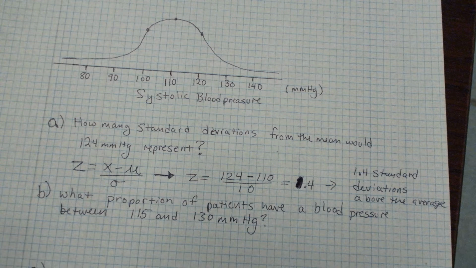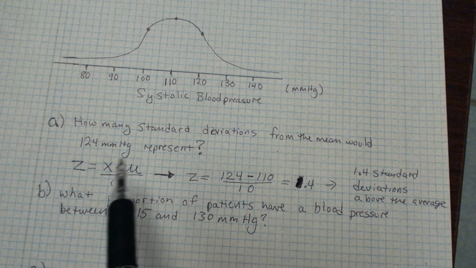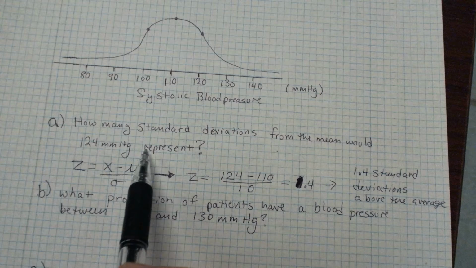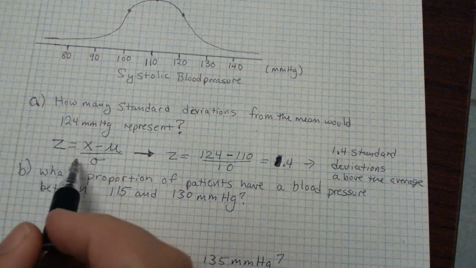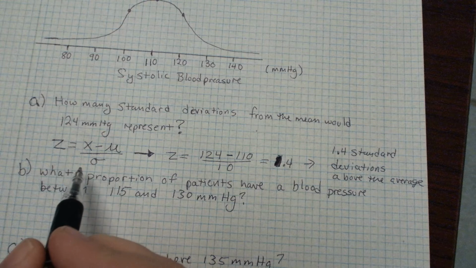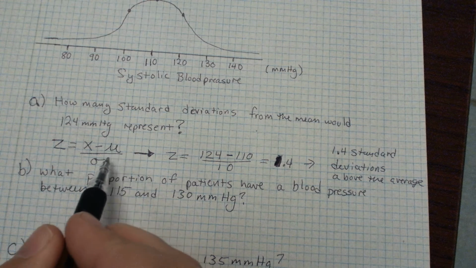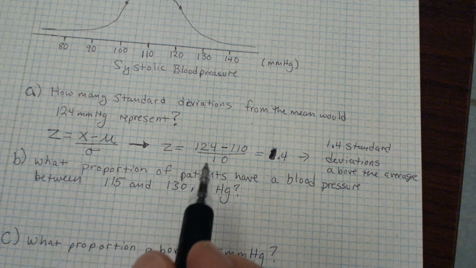I have just a few questions that match up with some of the things you might see on an exam. The first question is, how many standard deviations from the mean would 124 milliliters of hemoglobin represent? You would use your z-score to answer a question like that. It's the same z-score as before, just using the symbols for mean and standard deviation that go with the normal distribution, and you plug in the values.